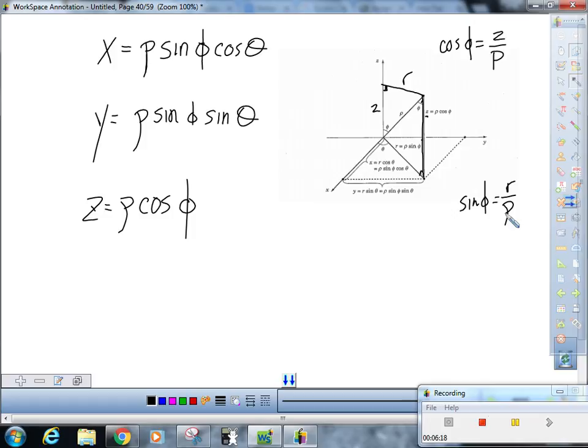Okay, so what's r again? Rho sine phi. Okay, cool. That's what that says right here. Okay? You're never going to have to come up with these for me. You will be given these things, but it's important to me that you understand where they come from. It's just trig. It just starts to look really, really complex. Got it?